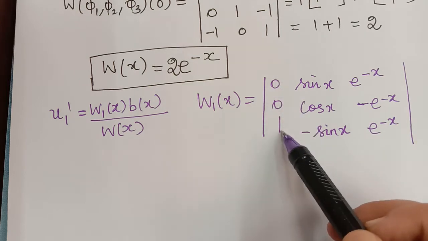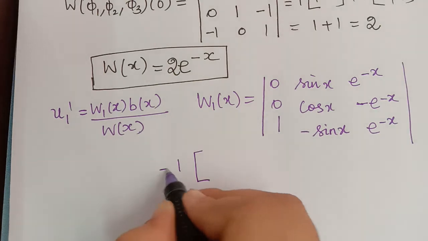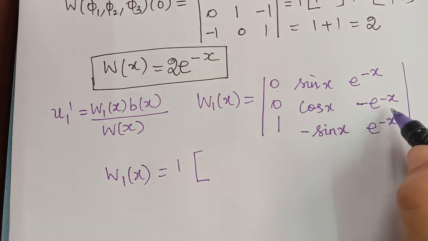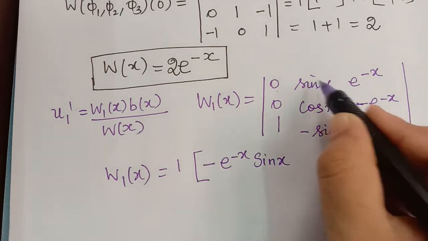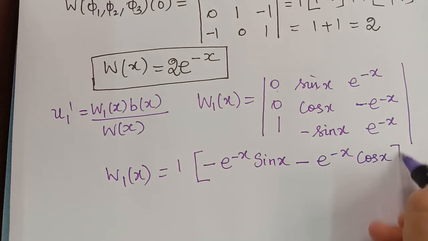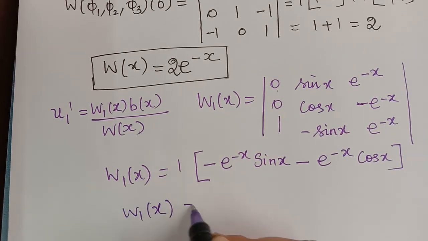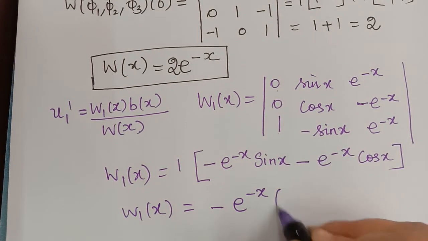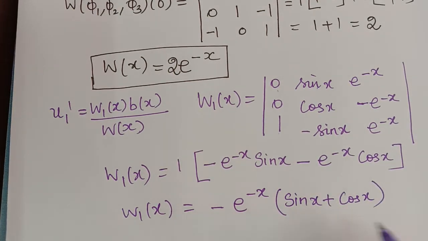So it is plus minus plus. So 1 multiplied with, so this and this we have to block. So w1 of x will be equal to, blocking this and this, sin x into this, so minus e power negative x sin x. So multiply this, minus e power negative x cos x. And so we obtain w1 of x to be equal to, we can take this negative sign outside, e power negative x outside, and here we have sin x plus cos x. So now we have obtained w1 of x.